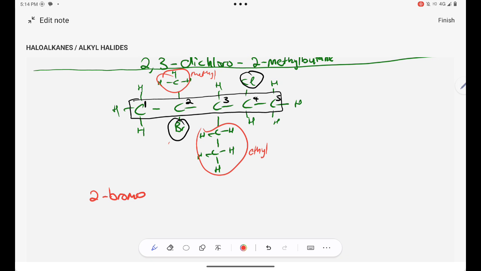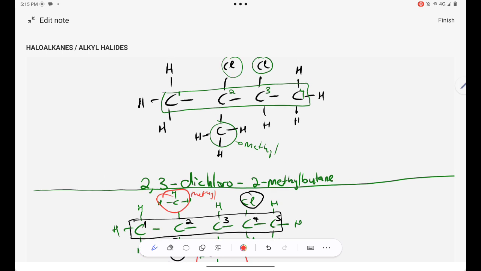It will be 2-bromo, 4-chloro, and then 3-ethyl, and then I'll say 2-methyl. It's 2-methylpentane. That's how, guys, I would write the IUPAC name for my compound.